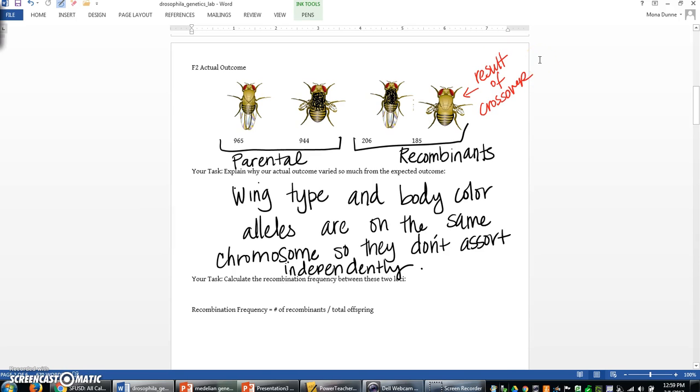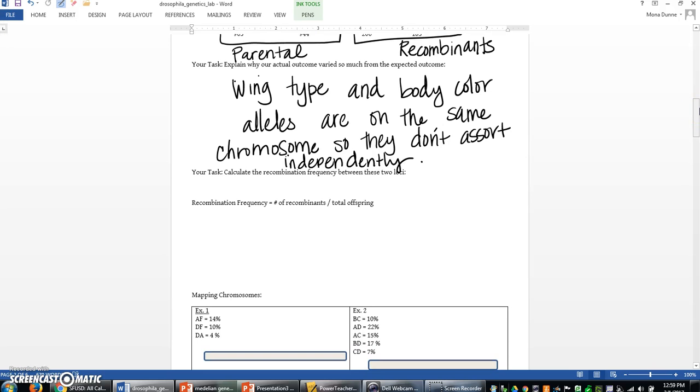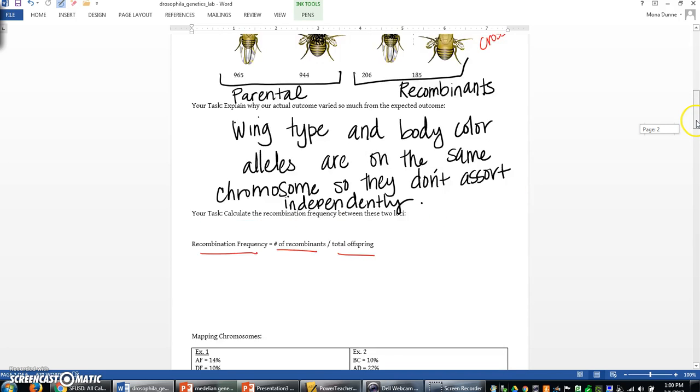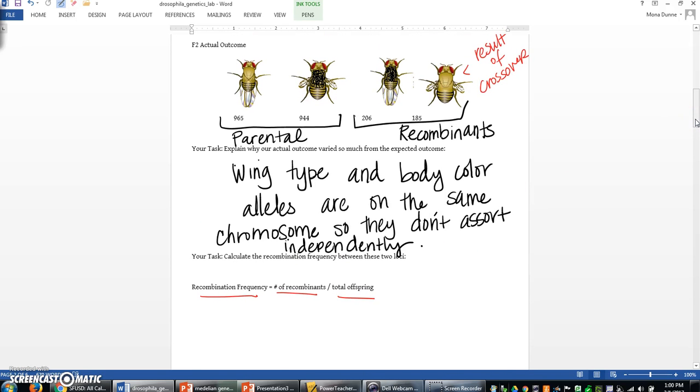Now, there is a calculation that geneticists do, and it's called the recombination frequency. It is the number of recombinants divided by total offspring. So it's a measure of how often crossover happens between these 2 traits on the chromosome. The recombinants are these guys. They don't look exactly like the parents.